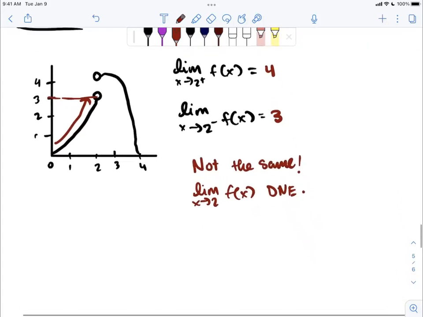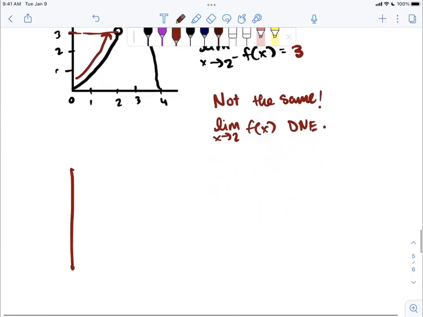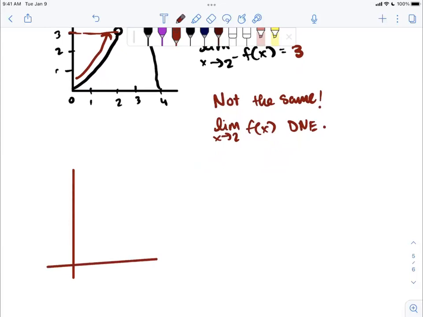All right. Let's do one more example. Here's a linear graph, but it's not going to be defined at one point. So let's again just draw our coordinates.